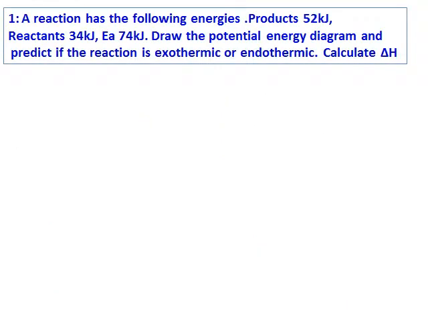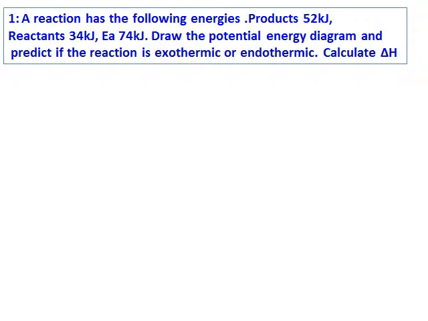A reaction has the following energies. Products are 52 kilojoules, reactant 34 kilojoules, and the activation energy is 74 kilojoules. You are asked to draw a potential energy diagram and predict if the reaction is exothermic or endothermic, and calculate delta H also.